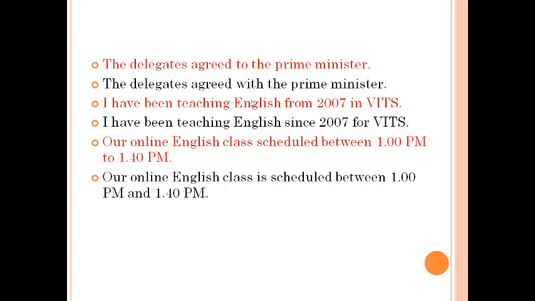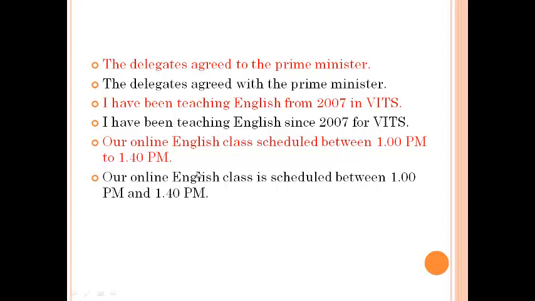Next one: "I have been teaching English from 2007 in weeks." It is wrong. What is the correct one? From is wrong; that's why since 2007. And the in should be omitted.